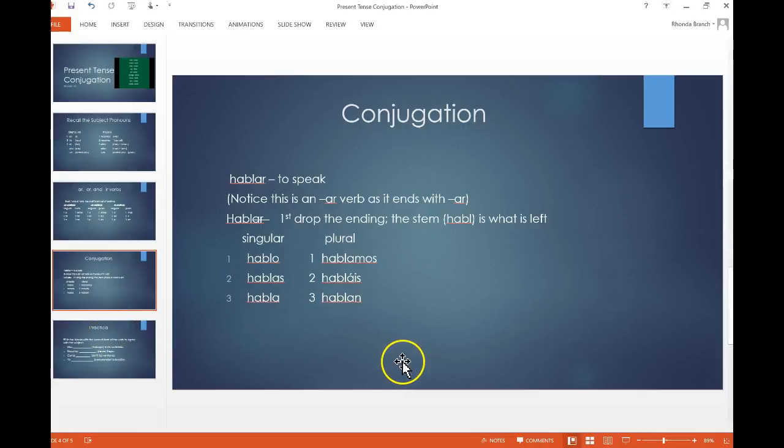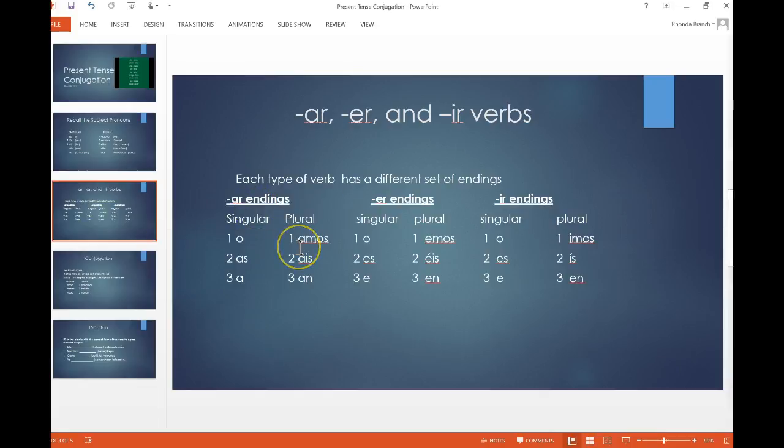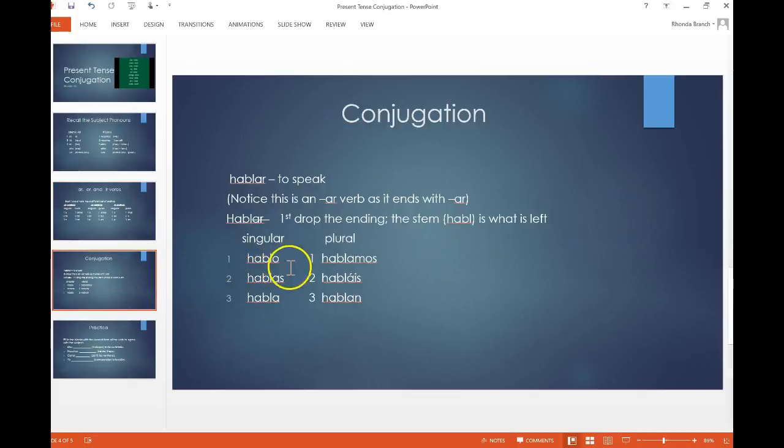But what we're going to do is we're going to take these endings. Since hablar is an AR verb, we're going to use these endings and attach these endings to the end of the stem. And that is how we end up with hablo, hablas, habla, hablamos, habláis, hablan.